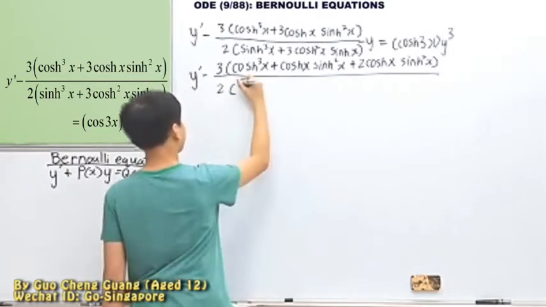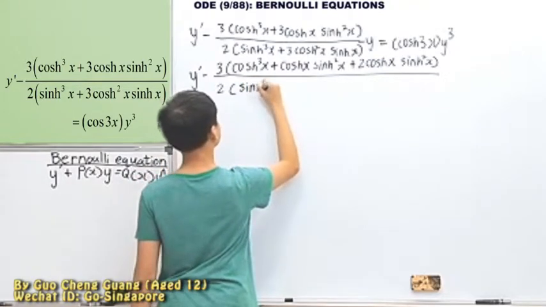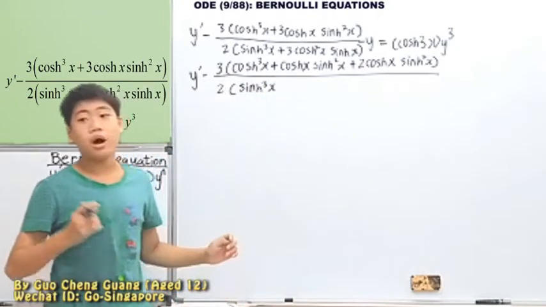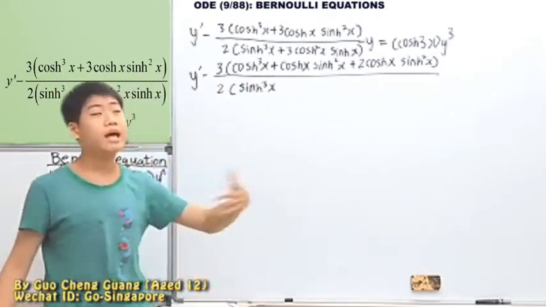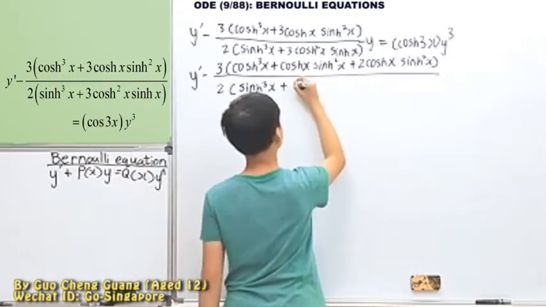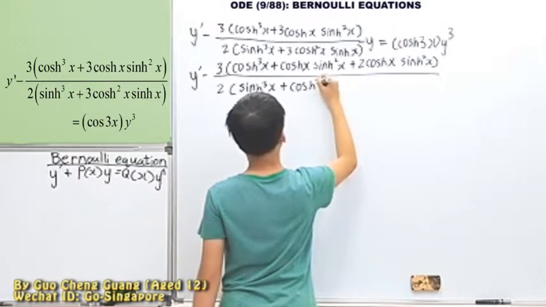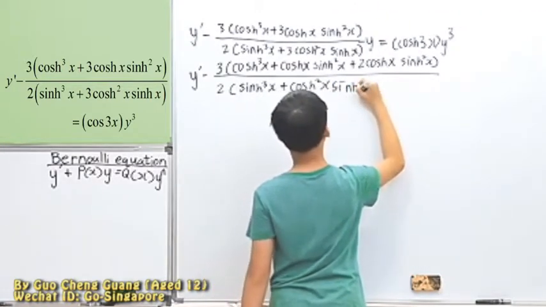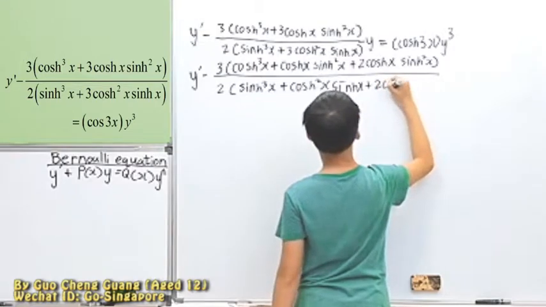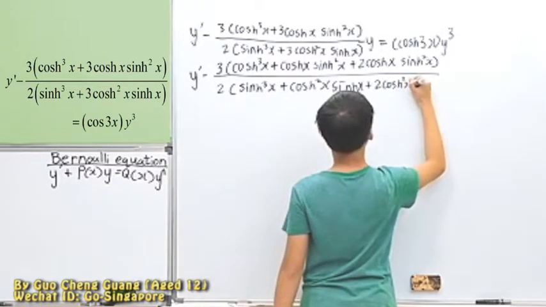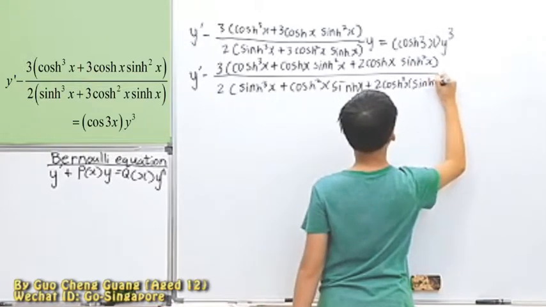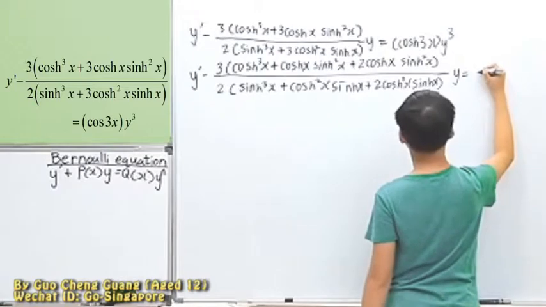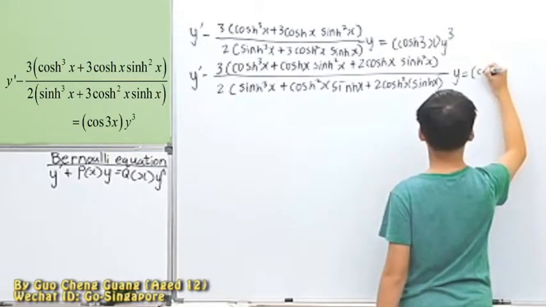Then from this part, here is also 3. So I'll also split it into 1 and 2. And after that is all these things.